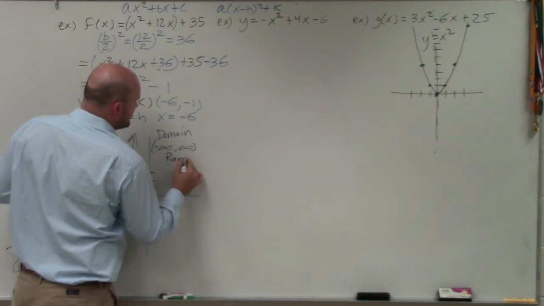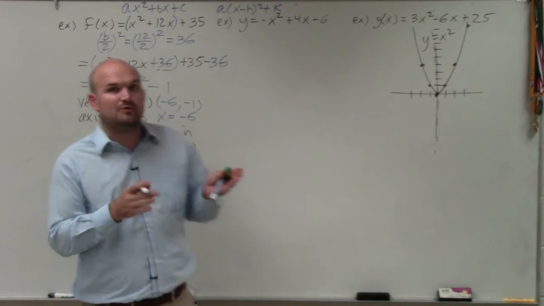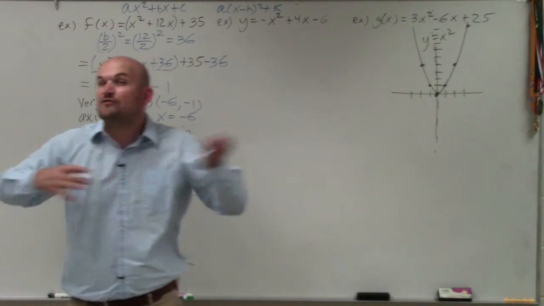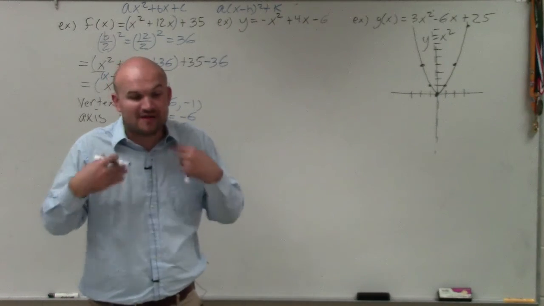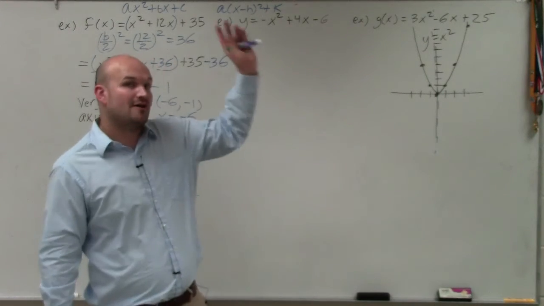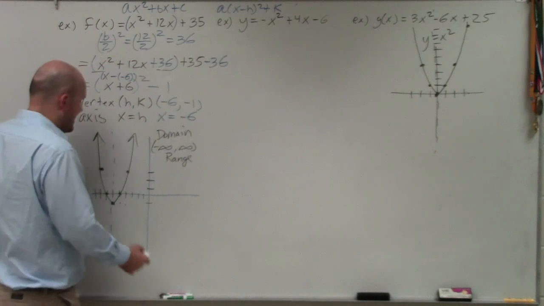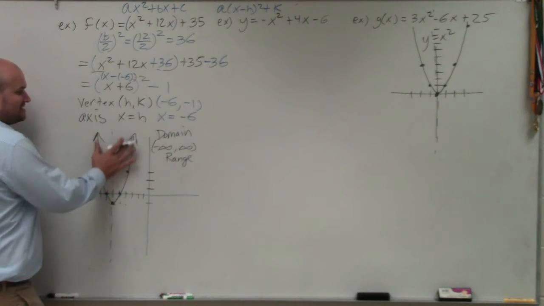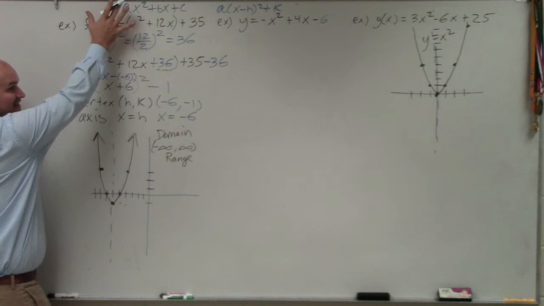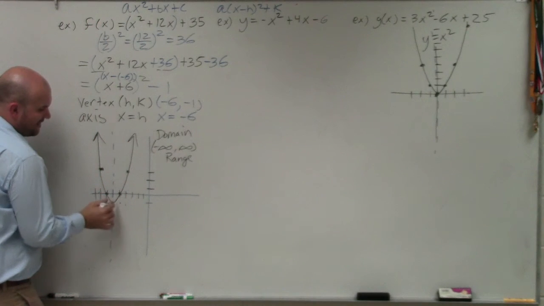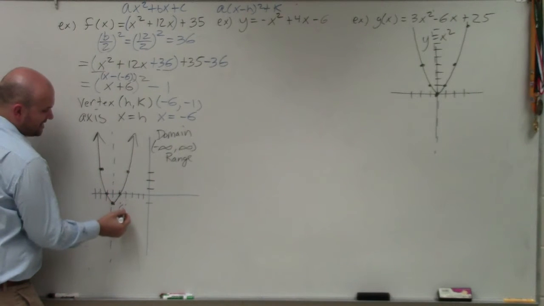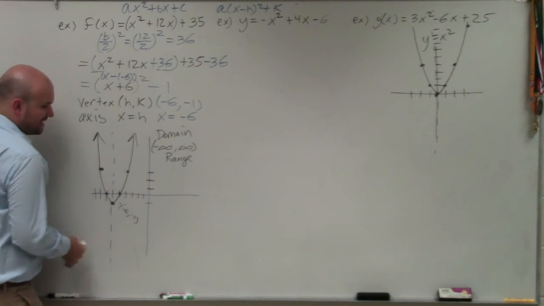The range is the set of all y values. So in domain, we're looking at how far left does the graph go to how far right. Whereas the range, we're looking for the set of all y values that are part of the graph. How far low does the graph go, and how high is it going to go? Well, you can see that the arrows are pointing up. So this graph is never going to stop going up. However, going down, you can see that the lowest y value, the lowest coordinate, is at the vertex, which is always going to be the case.